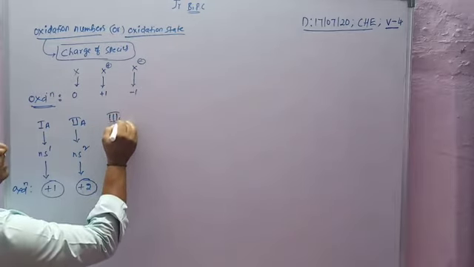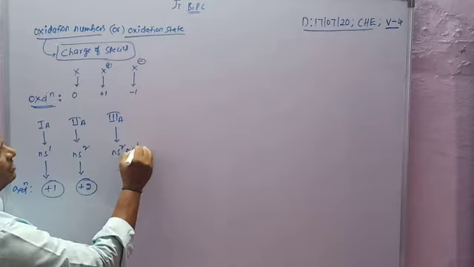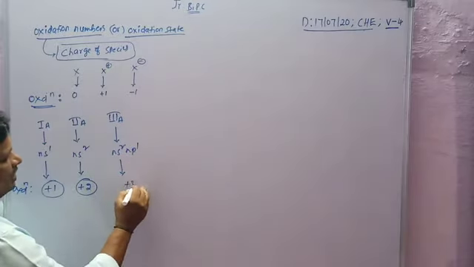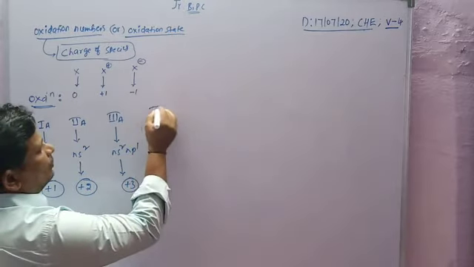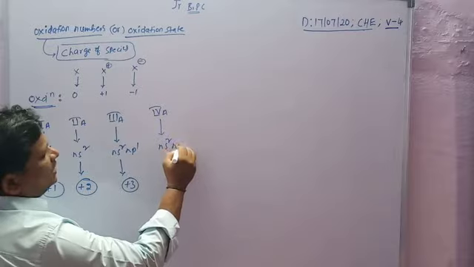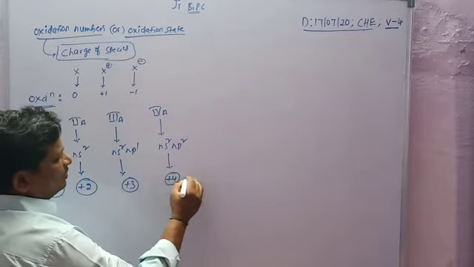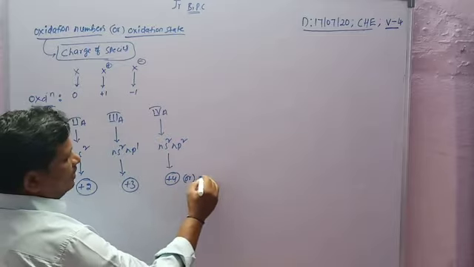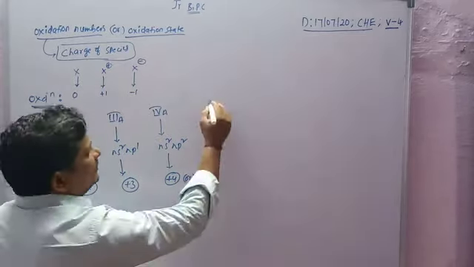Third A group elements, ns2 np1, oxidation number +3. Fourth A group elements, ns2 np2, oxidation number +4 or -4.